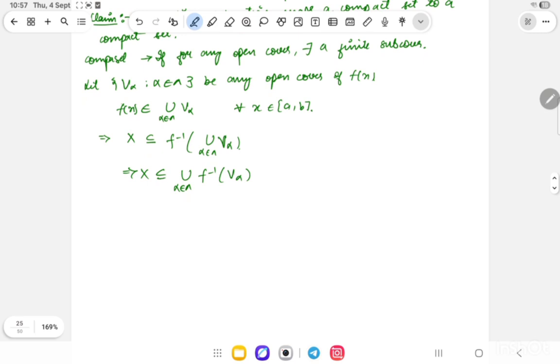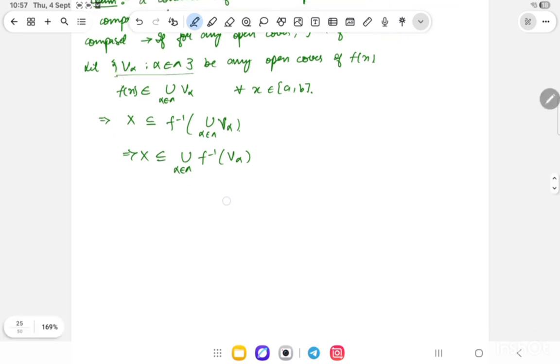Now we have assumed that V_alpha is an open set, and this family V_alpha acts as an open cover of f(X).